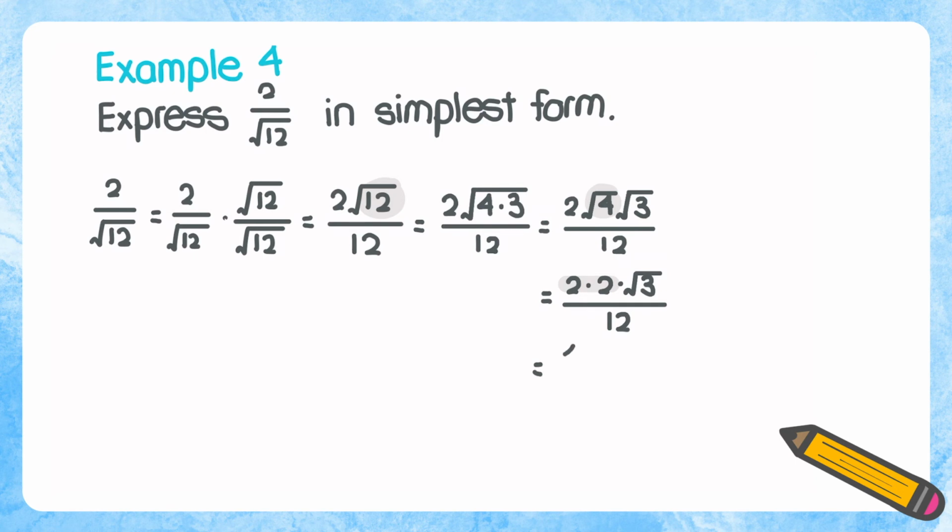So I have 4 times the square root of 3 over 12. And I can further reduce this by dividing both the numerator and denominator by 4. And I've simplified this to the square root of 3 over 3.